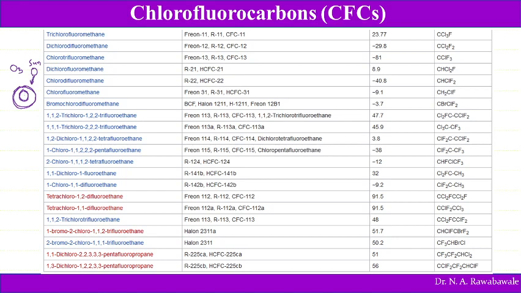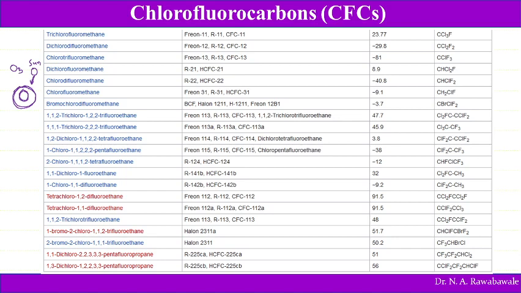If a person is exposed to ultraviolet radiations, human beings suffer from skin diseases, and eye disease or blindness can occur. So the ozone layer plays a very important role.